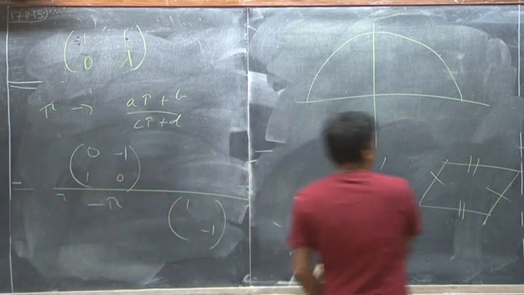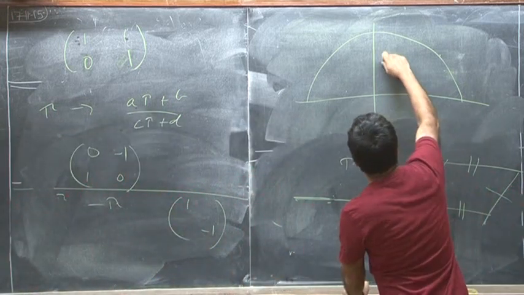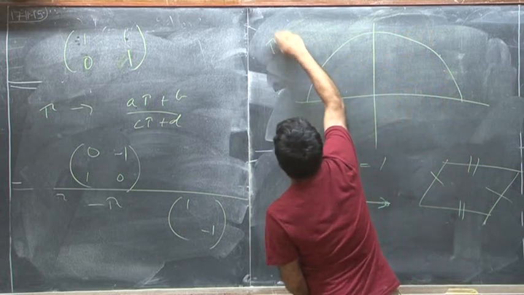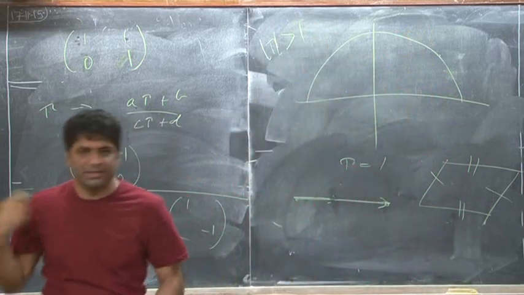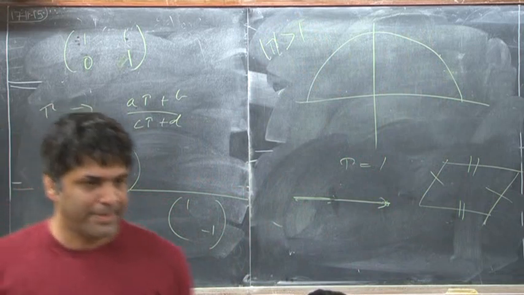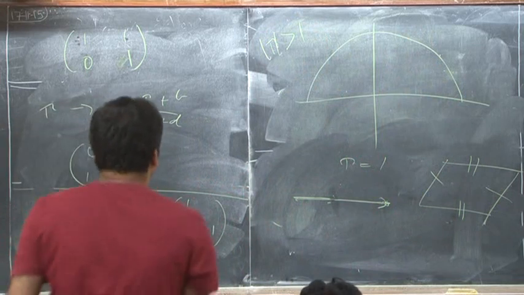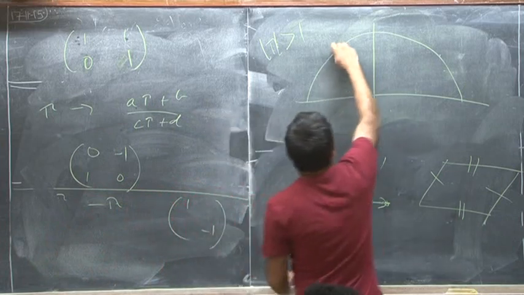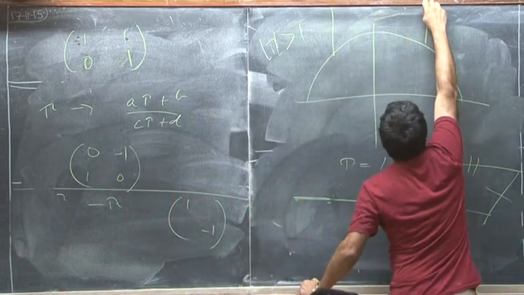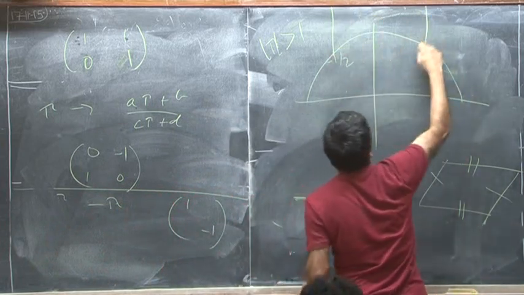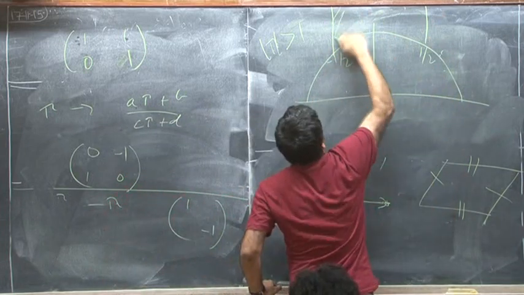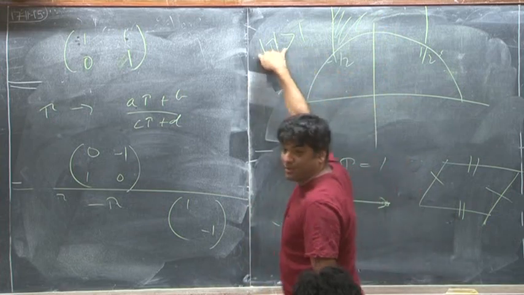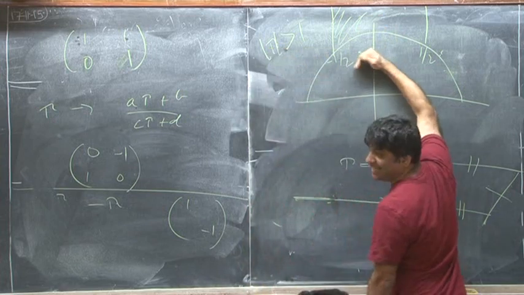So we could choose either to take mod tau less than 1 or mod tau greater than 1. Actually, we will choose mod tau greater than 1. That's the usual choice: the exterior of this.